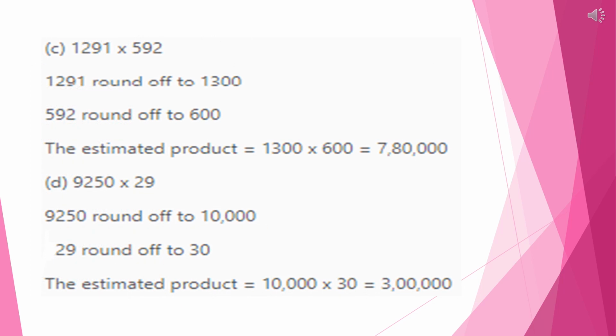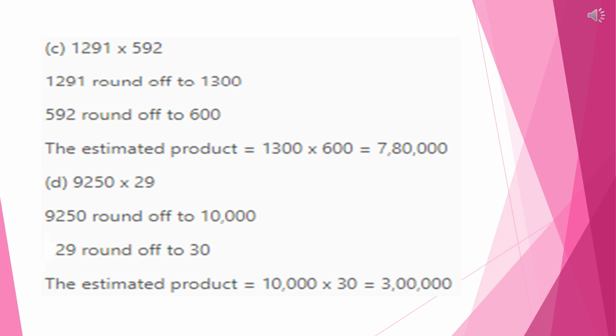C part, 1291 multiplied by 592. In this question, we will round off the numbers to the nearest 100. 1291 rounds off to 1300, 592 rounds off to 600. The estimated product is 1300 multiplied by 600, which equals 7,80,000.